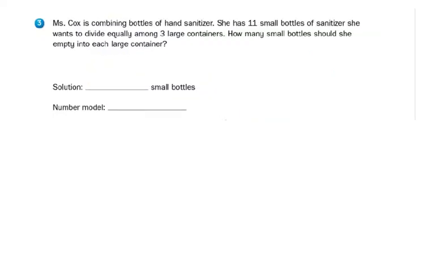Miss Cox is combining bottles of hand sanitizer. She has 11 small bottles of sanitizer she wants to divide equally among 3 large containers. How many small bottles should she empty into each large container? 11 small bottles divided equally among 3.